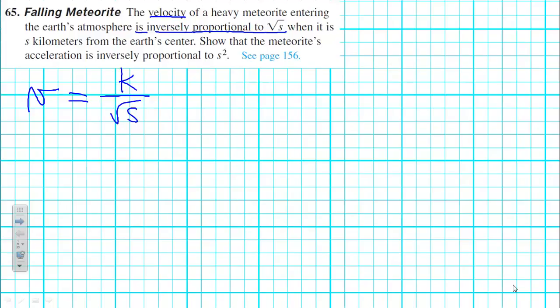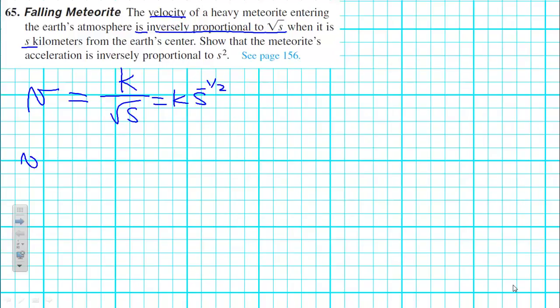Proportional to s, the number of kilometers from the Earth's center. Now, here's me doing this problem wrong. I take this and change it to s to the negative 1/2 power.